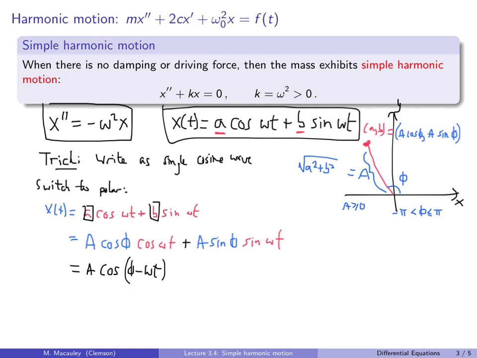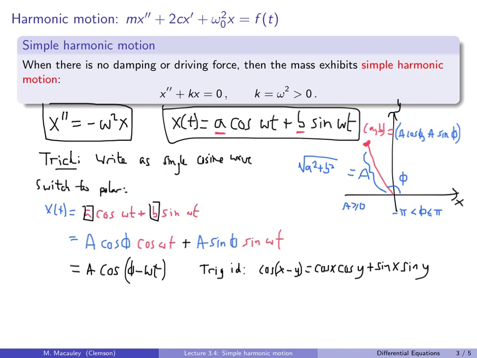Now, this is using a trig identity. Let me remind you which one this is: cosine of x minus y equals cosine of x times cosine of y plus sine of x sine of y.